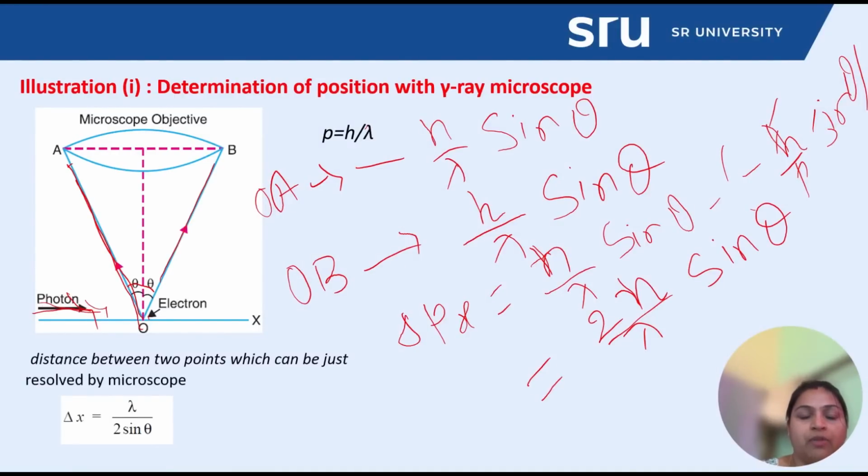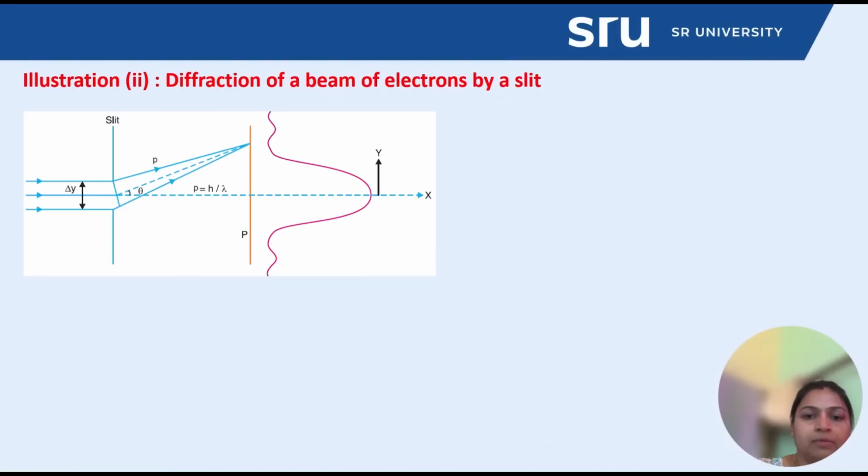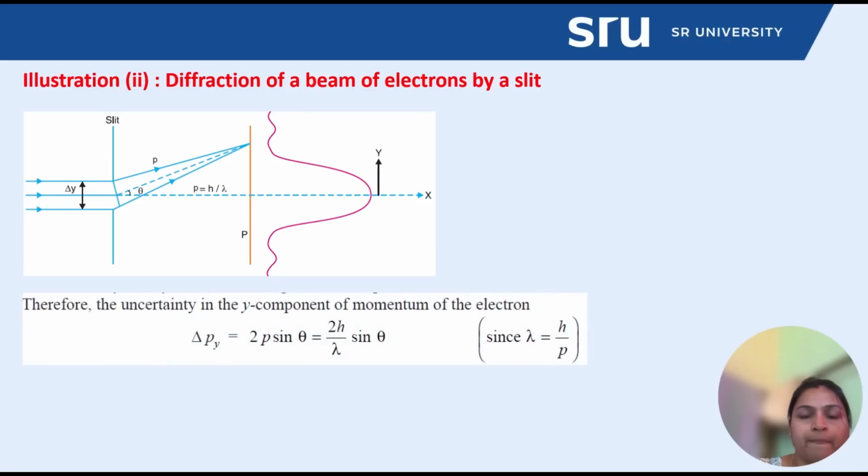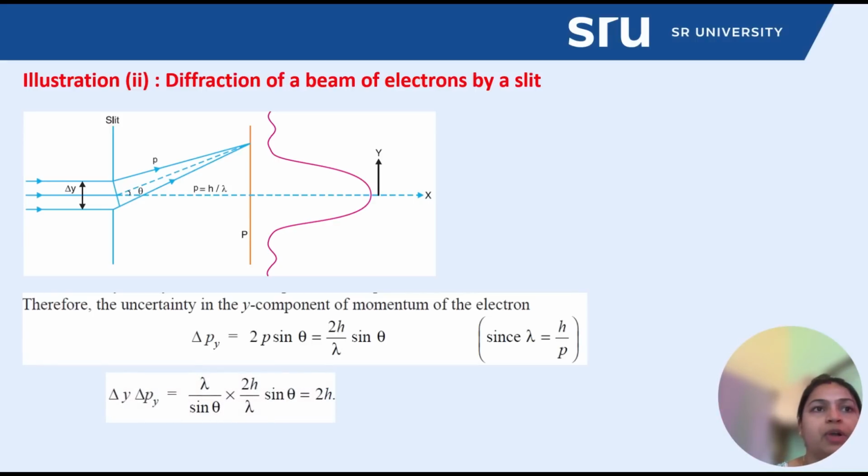And if we now find delta x into delta px, from this determination of the position, delta x into delta px is equal to h, or we can write it greater than or equal to h by 2 pi.